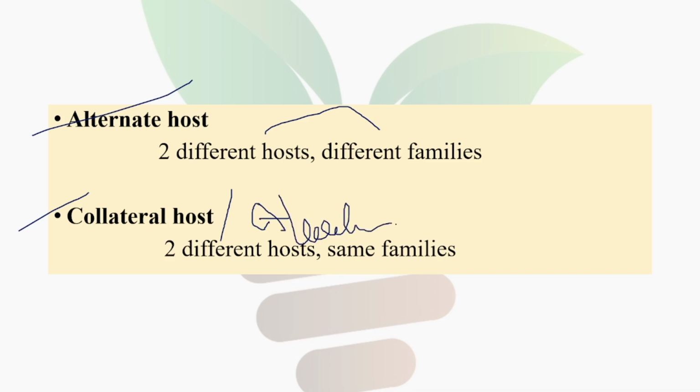Alternate host is also known as alternative host. For example, barberry in wheat stem rust. Wheat stem rust requires barberry as alternate host. Barberry and wheat are different families, so an alternate host mostly belongs to a different family, while a collateral host belongs to the same family.